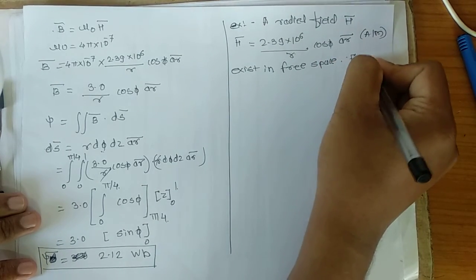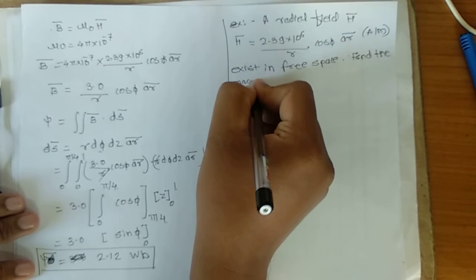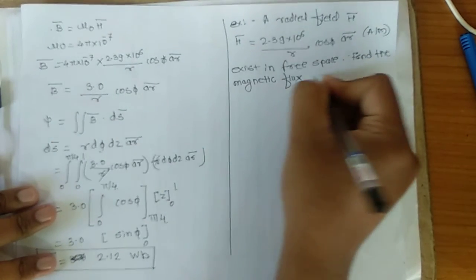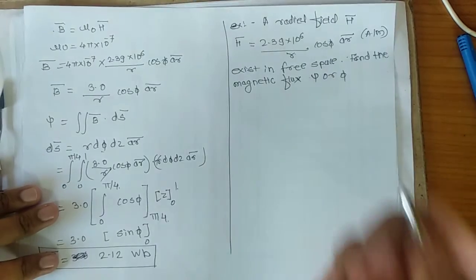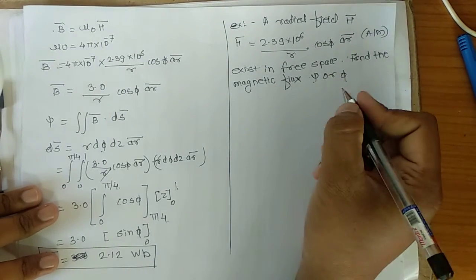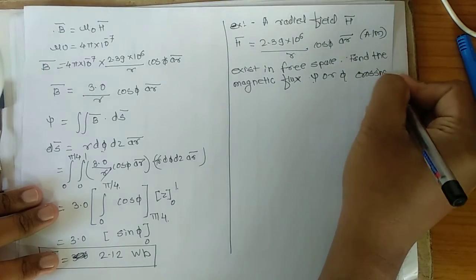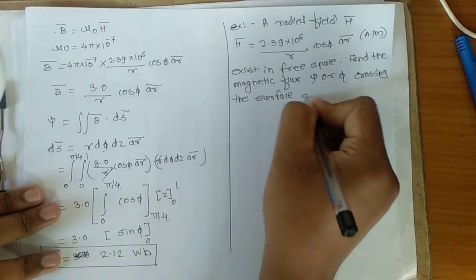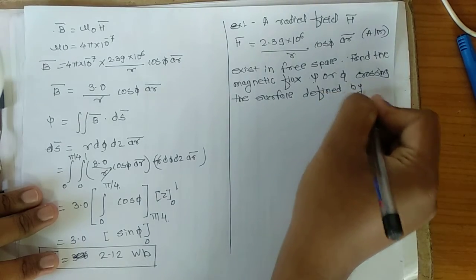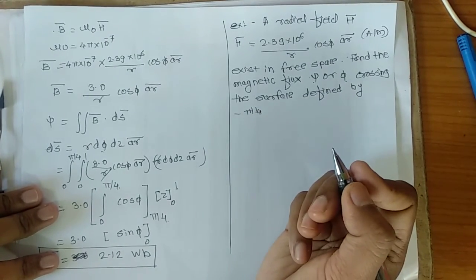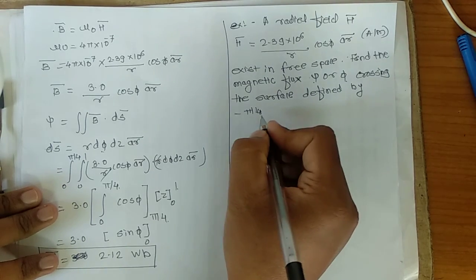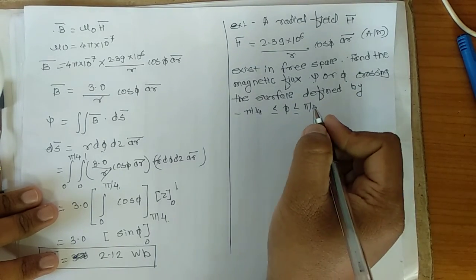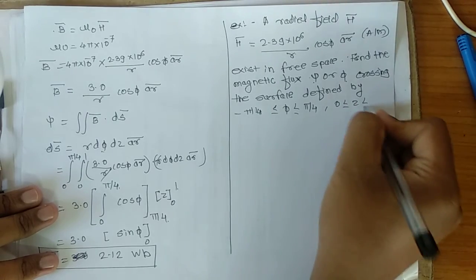Find the magnetic flux, psi or phi, because many books use psi and some use phi, crossing the surface defined by phi from minus pi by 4 to pi by 4, and z between 0 and 1 meter.